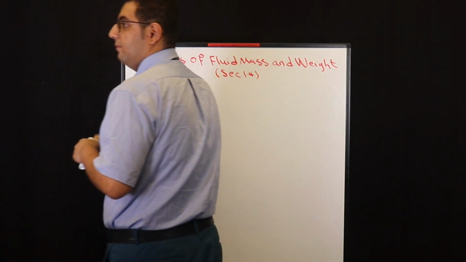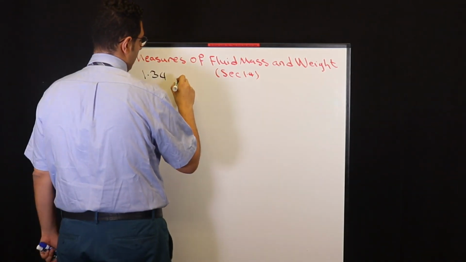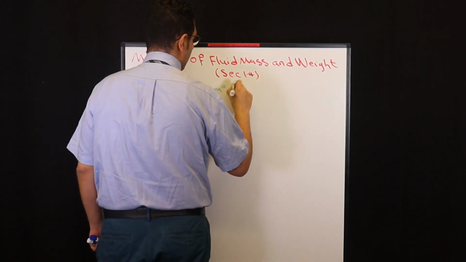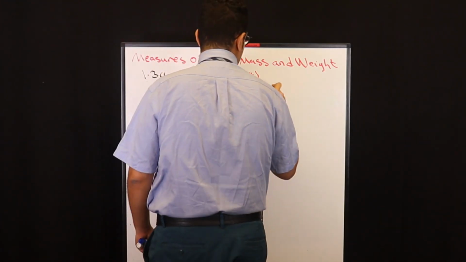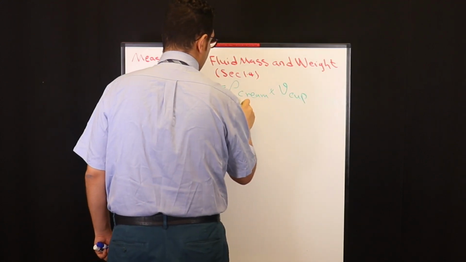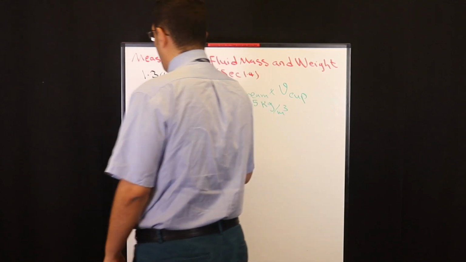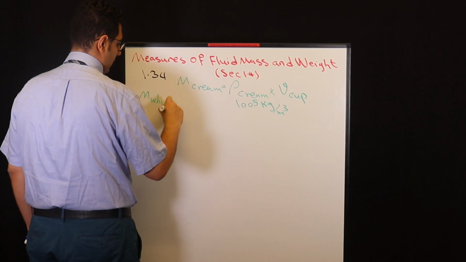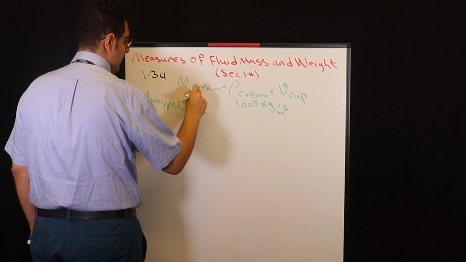So the mass of cream is equal to rho, density of cream, multiplied by V of cup, which is 1005 kilogram per cubic meter. And the mass of whipped cream is also equal to this.